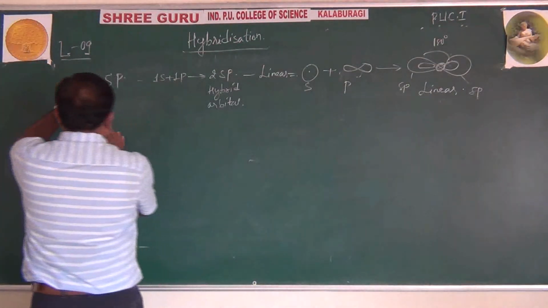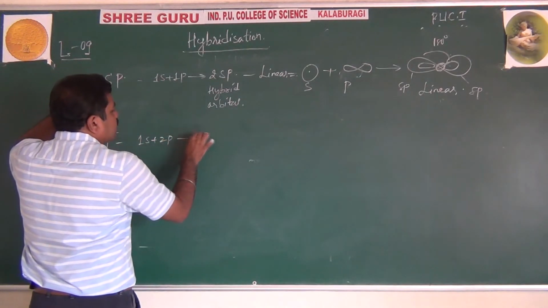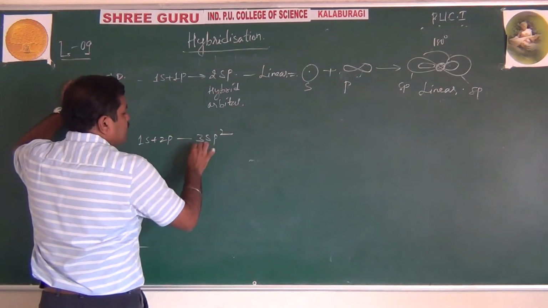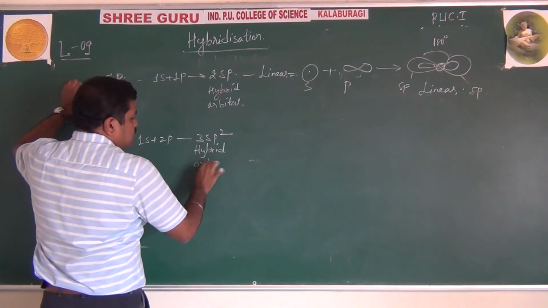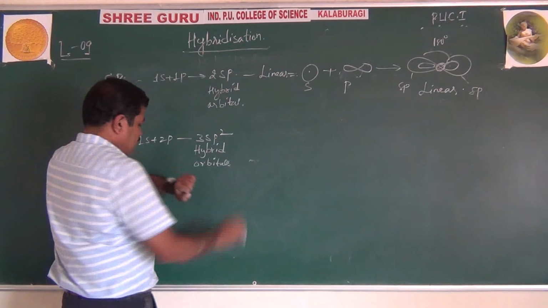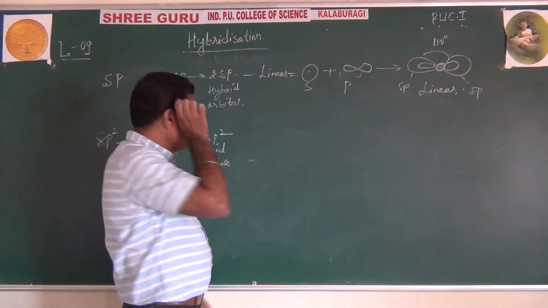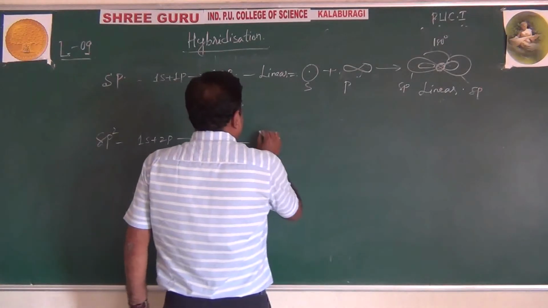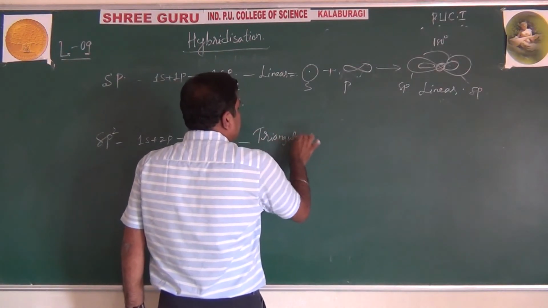Like this for sp2: one s and two p orbitals give three sp2 hybrid orbitals. These have triangular geometry.